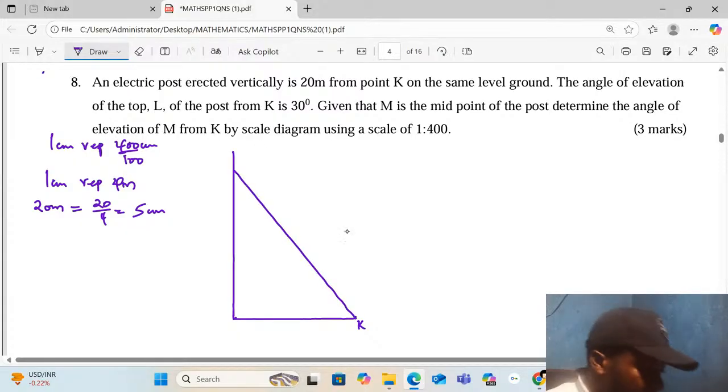That means the height of the pole is here, which is point L, the top of the pole.